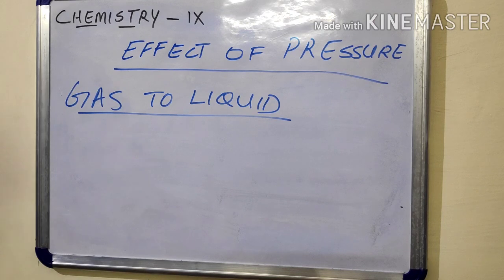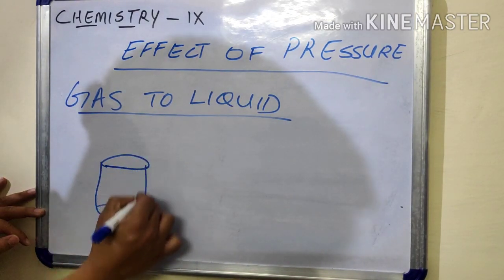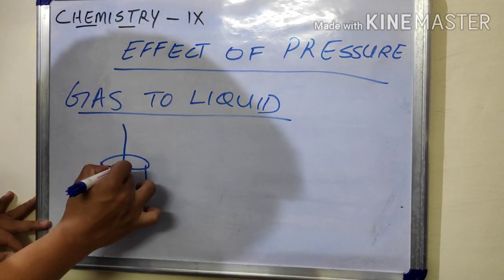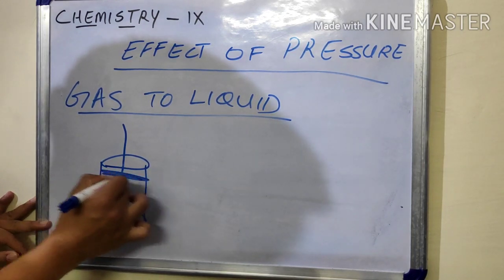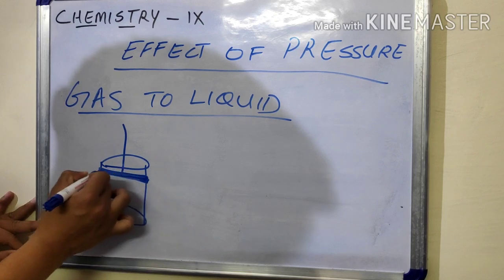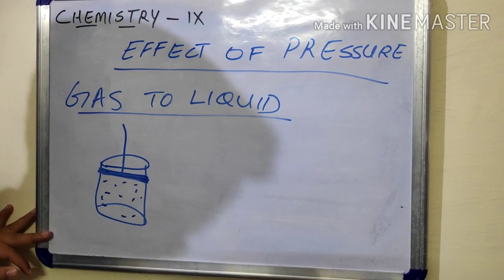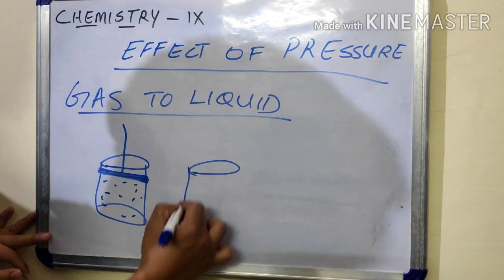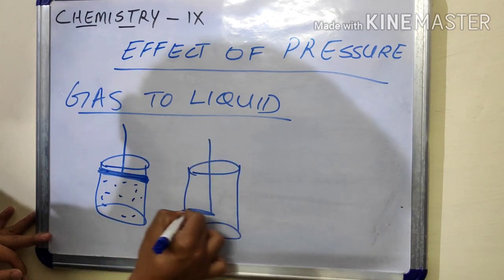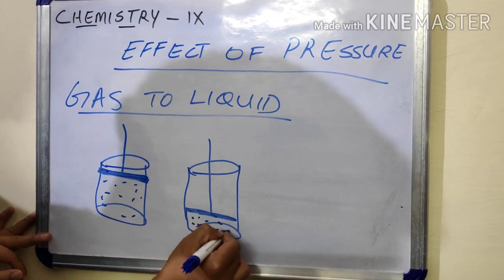Okay? So what happens is, you will take a test tube or a tube. You have some gas, you will take some gas in it, and then you will put a piston, like a syringe, okay? Basically the same principle of a syringe. You will put a piston, and then there are gas particles here. They are free to roam around. Now, what you will do, you will push the piston down. You will push it down, and now the gas particles have come very close to each other.